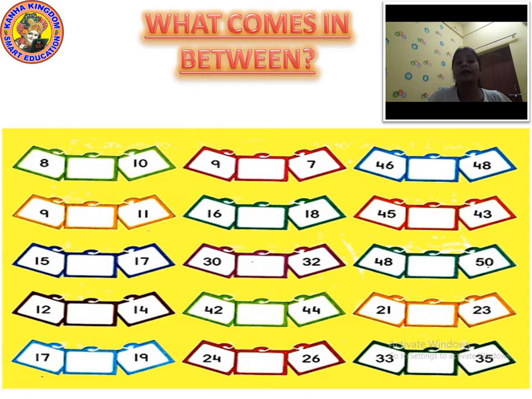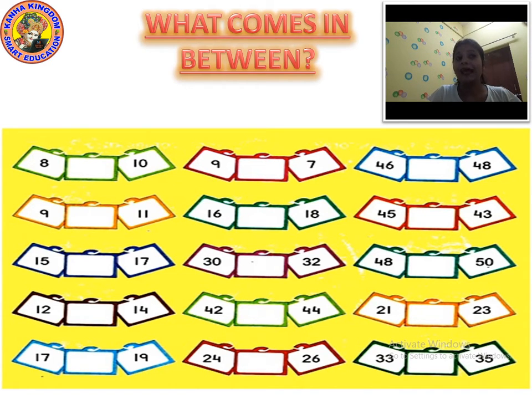Now the next numbers are 9 and 11. Let's find out what comes in between 9 and 11. So tell me what comes after 9 and what comes before 11.